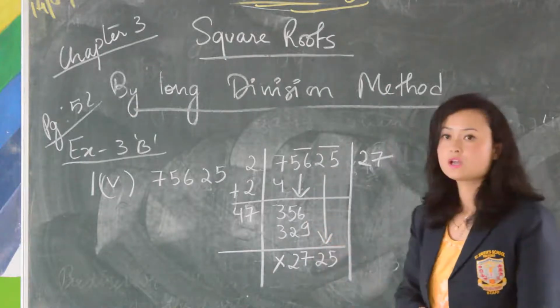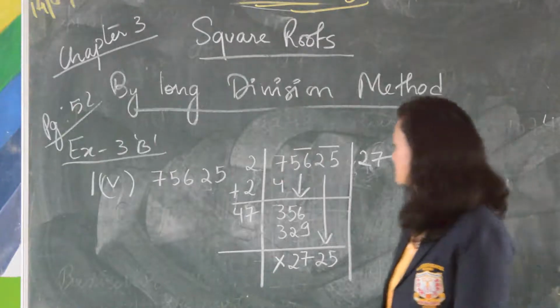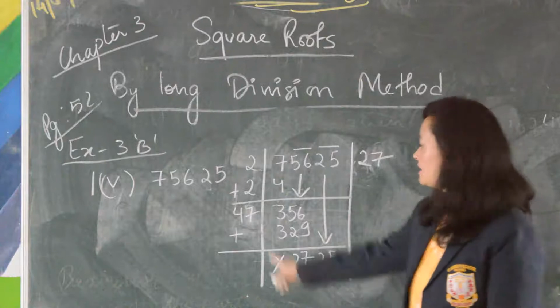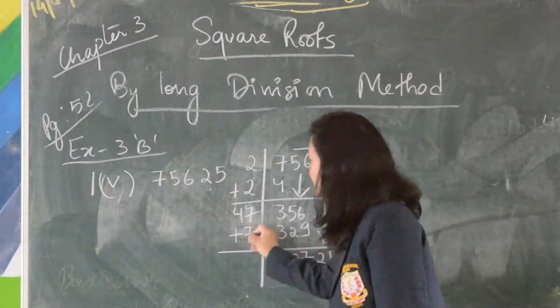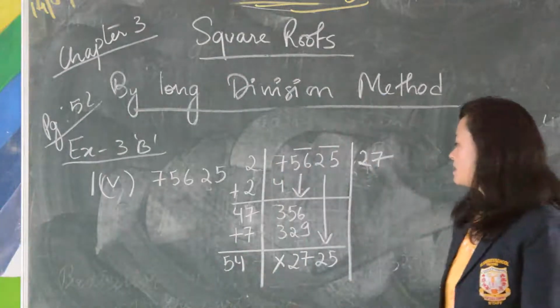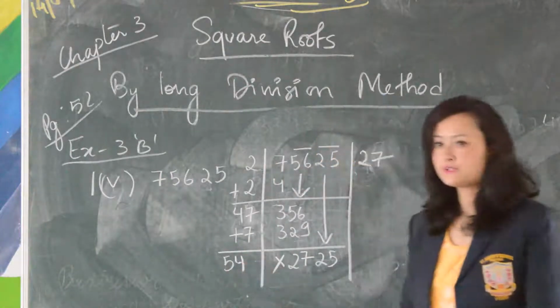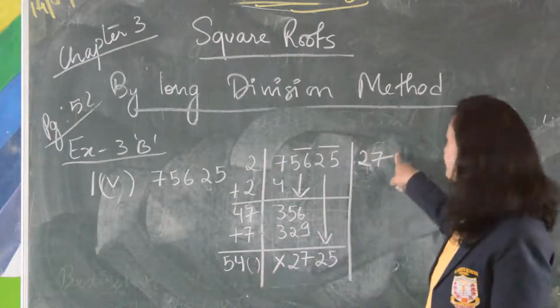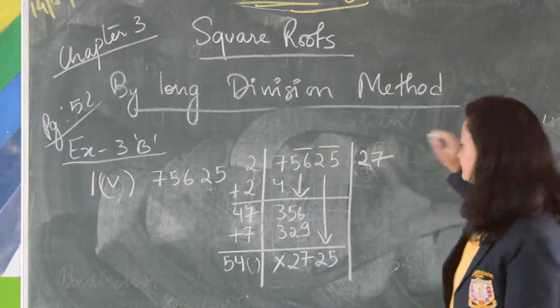25. Now when we bring 25 down, what do we do over here? We add with the same number, that is 7, since we have taken 7. Now, as always, you need to write a number here, and whatever you write here, you have to write the same number here.